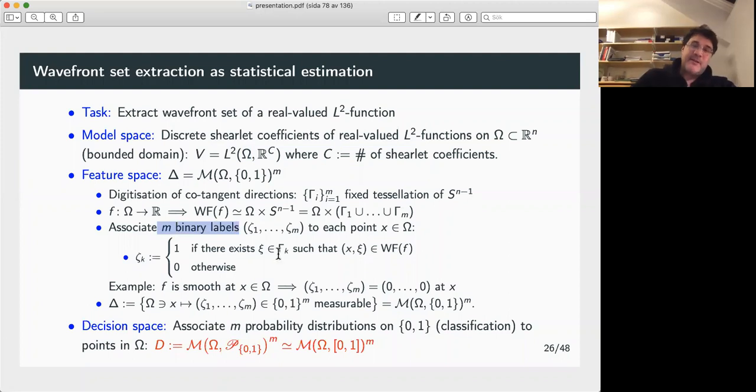This is my decision space. So it's essentially a probability measure over possible digital wavefront sets. That is my attempt at shoehorning this wavefront set extraction problem into a statistical decision problem. And of course, a probability measure over {0,1} can be replaced by a number between 0 and 1. So essentially, the decision space is measurable mappings from omega into [0,1]^M, one for each label, right?